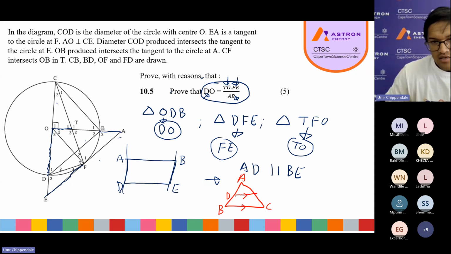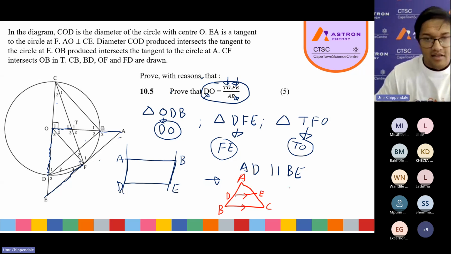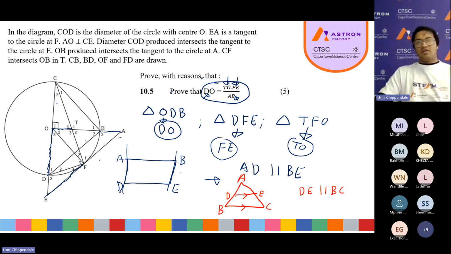That is now D and E. If I have it like this, then our DE is going to be parallel with BC. So that's how we can see, depending on the shapes that we have, if it's a four-sided shape or a three-sided shape, whether it has parallel lines as well.